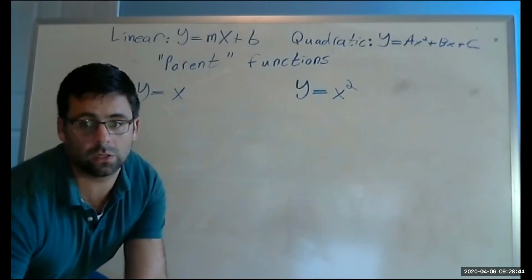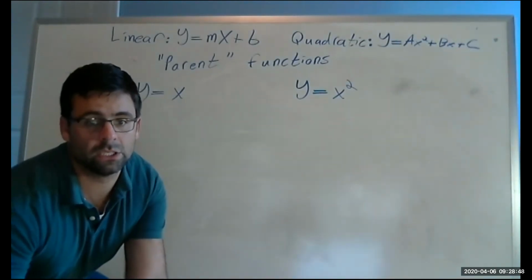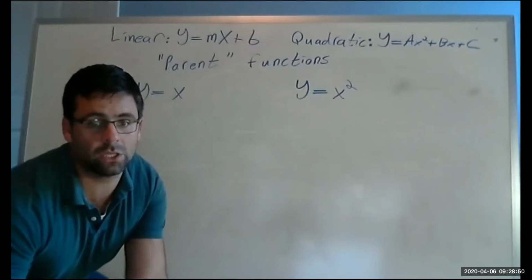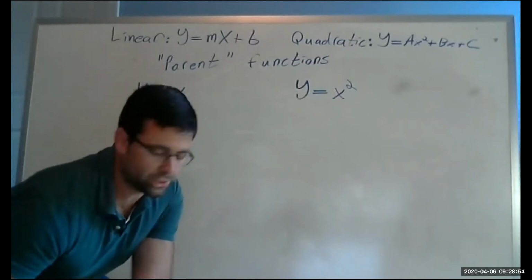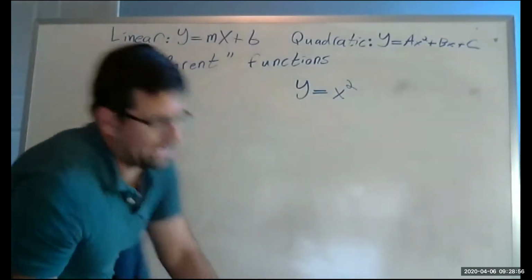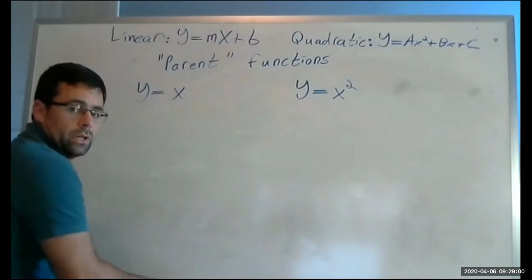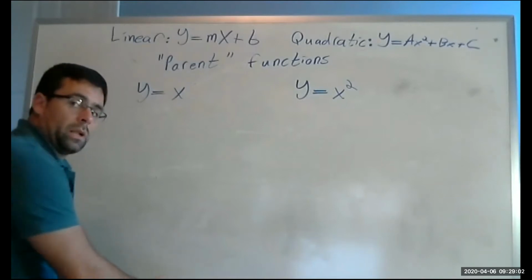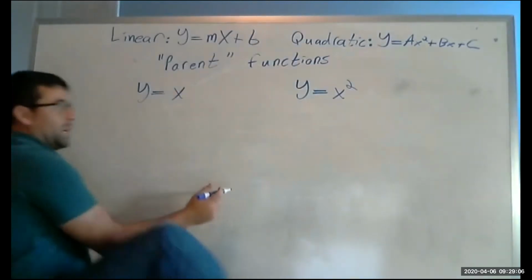Sorry, my internet is being slow today. So we have a bunch of these basic versions of functions. The polynomial ones are very easy because they just follow this progression.